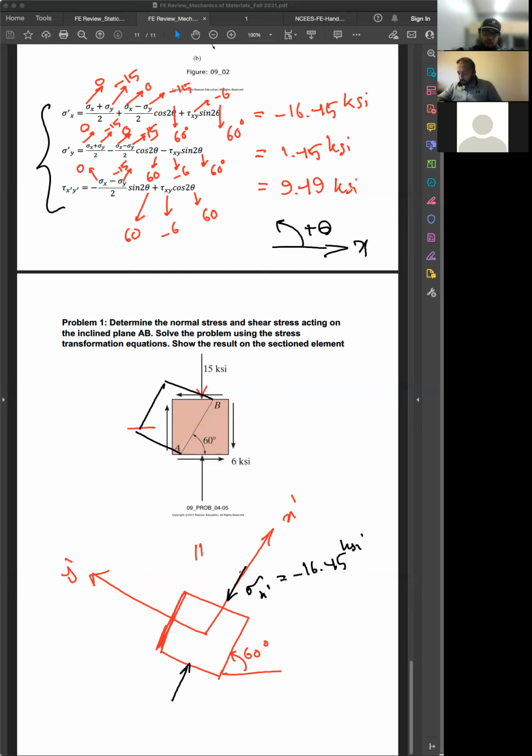Your sigma y prime is positive 1.45. Your tau is positive, meaning that on my positive side, I need to go in the positive direction. So that would be my direction because it is a positive value. When you draw one of them, you know that you need to have equilibrium, so you can write the rest of them just by following the equilibrium. This would be the rotated shape of your problem.